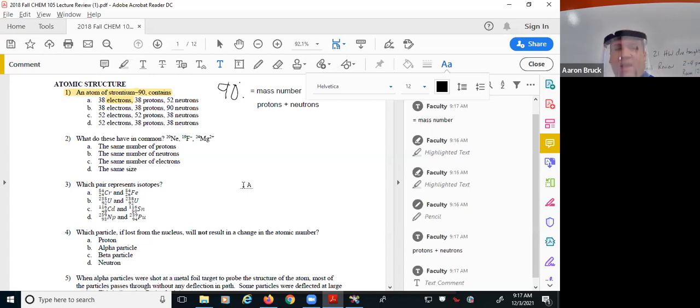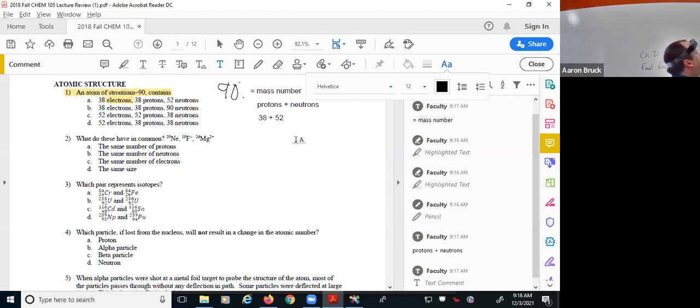We get the proton count from the periodic table. Strontium is element Sr. So I know that based on that, I have 38 protons. The number of neutrons, well, that would have to be what's left over after I take the 38 out of 90, which would be 52.